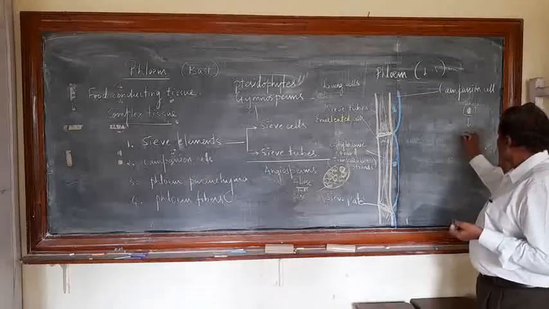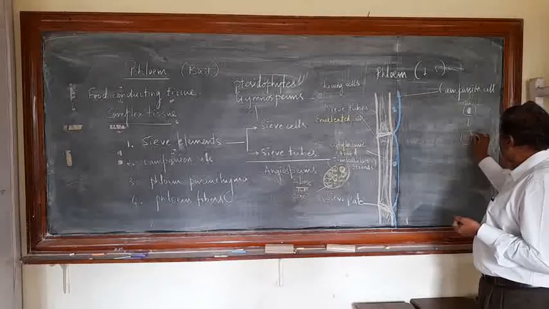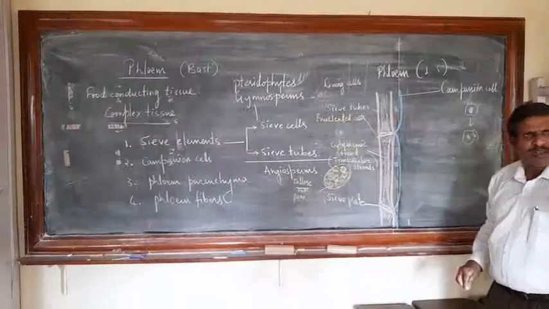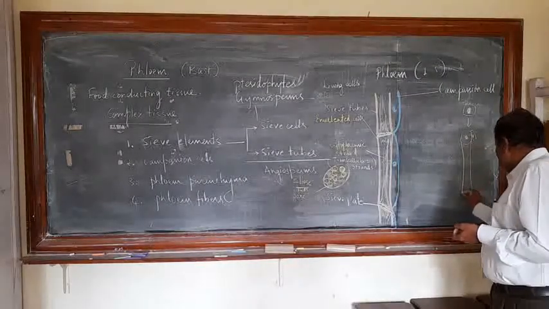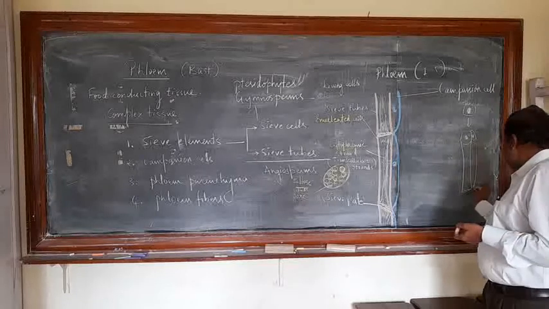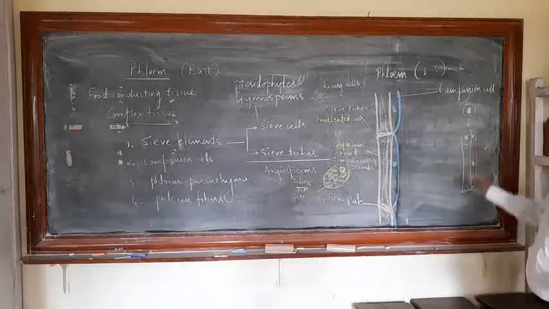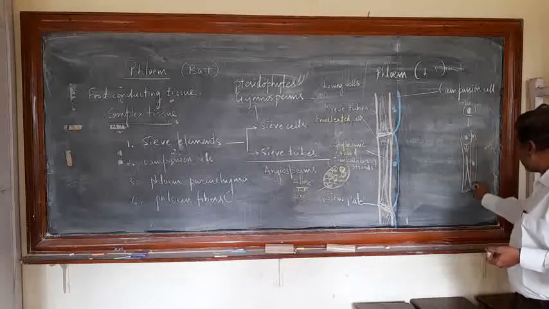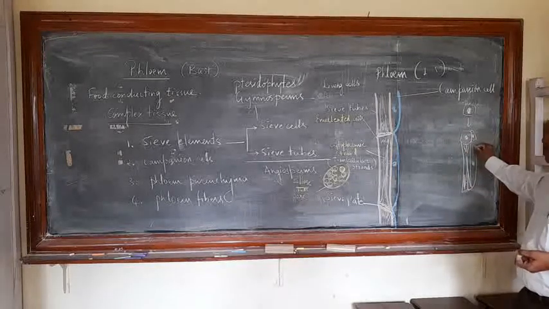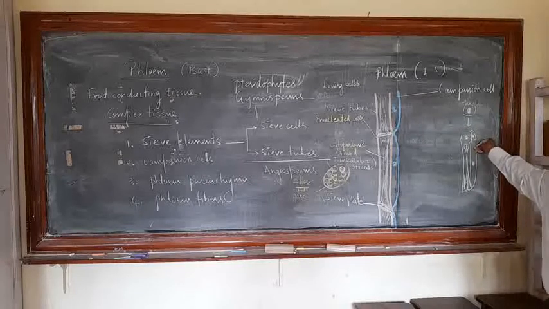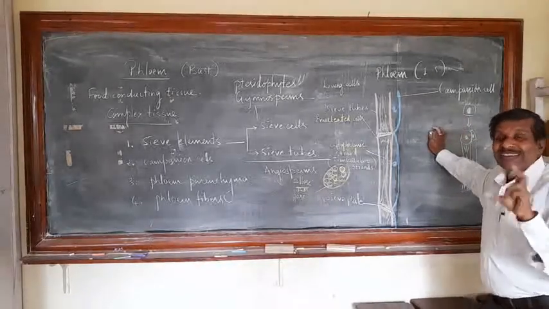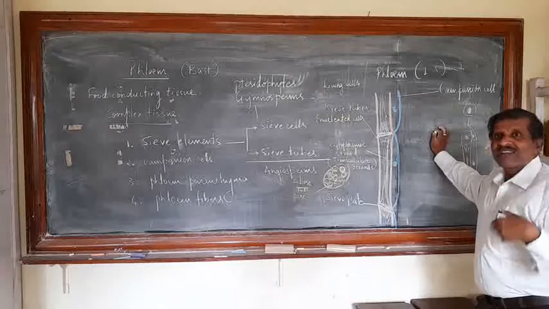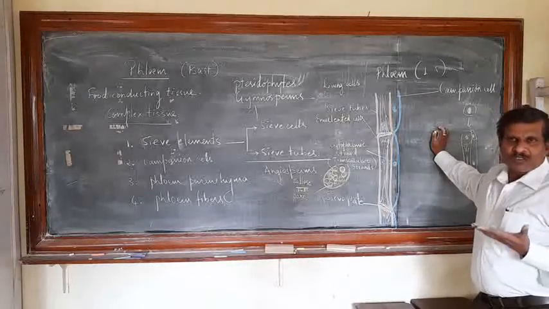When it divides into two cells, one develops into a sieve tube cell and the other develops into a companion cell. These two cells of the phloem tissue are derived from the same mother cell. They are ontogenically connected, meaning they are connected from the time of their birth.